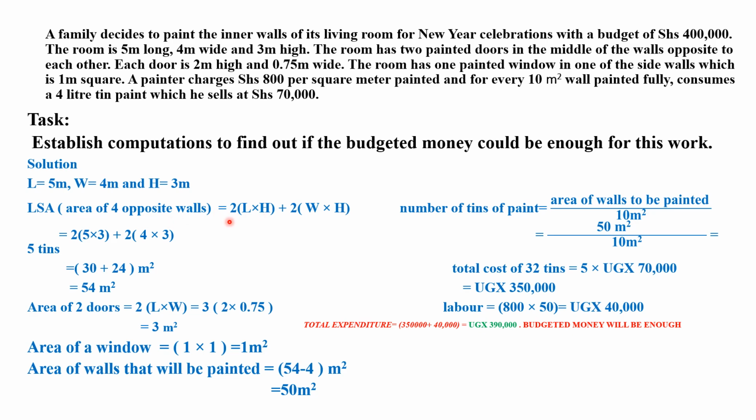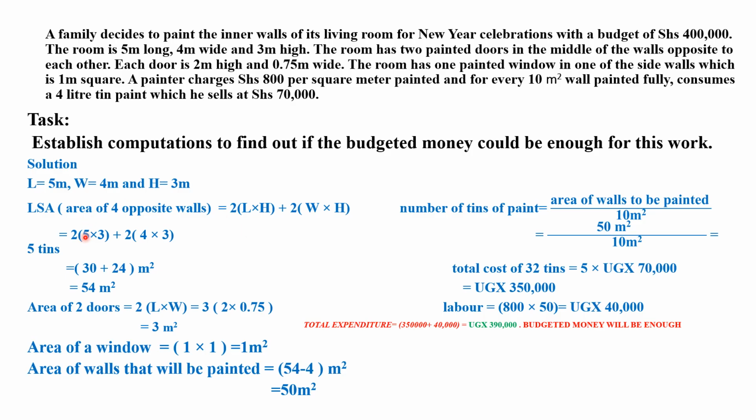So here, as you can recall in our formula earlier, 2 times L times H plus 2 times W times H. I've told you that we don't paint the floor and the ceiling unless you are told to, and we are painting just inner walls. When we are painting inner and outer, then it means that we shall paint 8 walls, 4 the same, and the other 4 also the same. But for this case, we are painting the inner walls only.